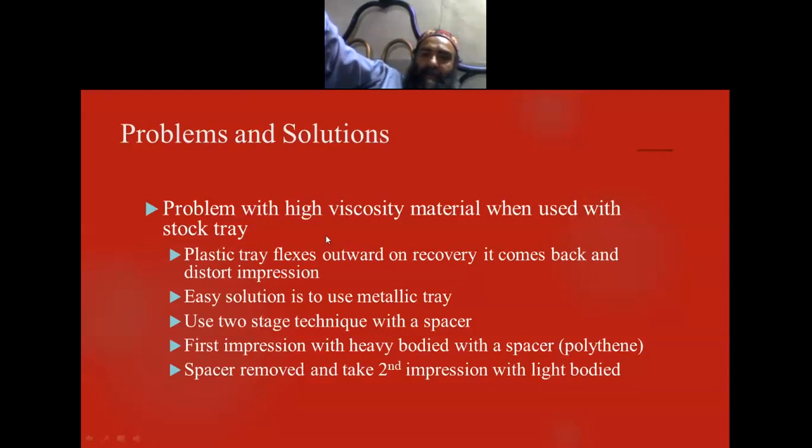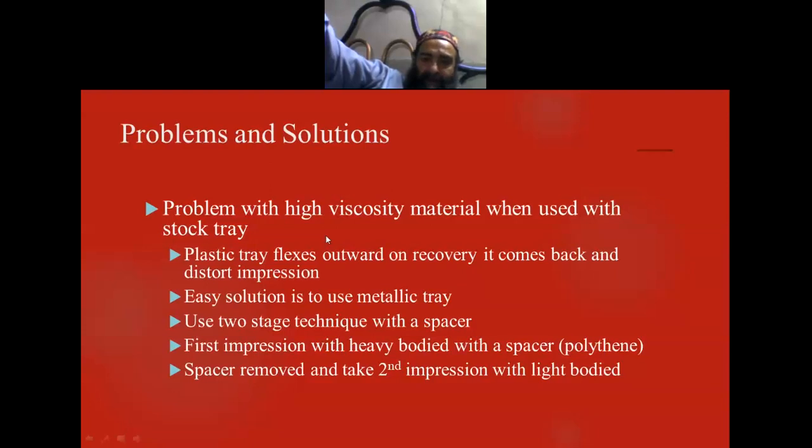Easy solution is not to use the plastic trays. Nowadays, metallic trays are available. So use the metallic trays and use two-stage technique with a spacer. It also provides a good result. Two-stage technique with a spacer: first impression will be taken with a heavy bodied with a spacer, usually a polythene sheet.